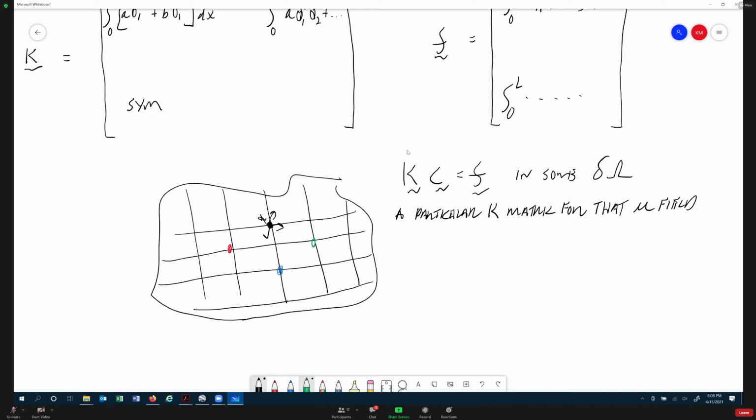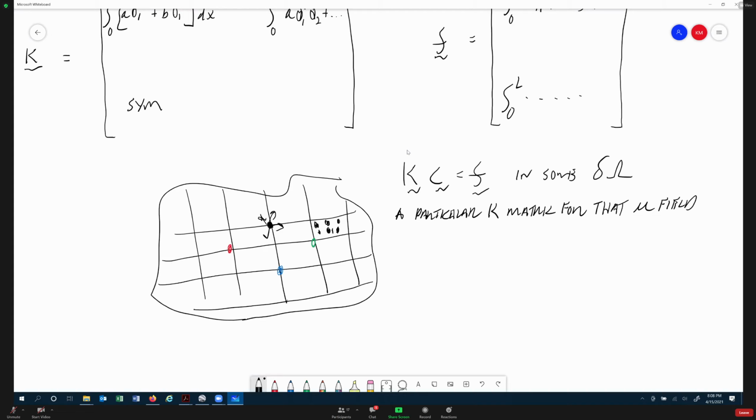And let's say you're getting fancy and you're not going to do your integration at your nodes. Maybe you're going to do your integration, this is more reality, somewhere within the body of this little element. And now we're doing this calculation at each one of these points, and we get a solution for each one of those values.